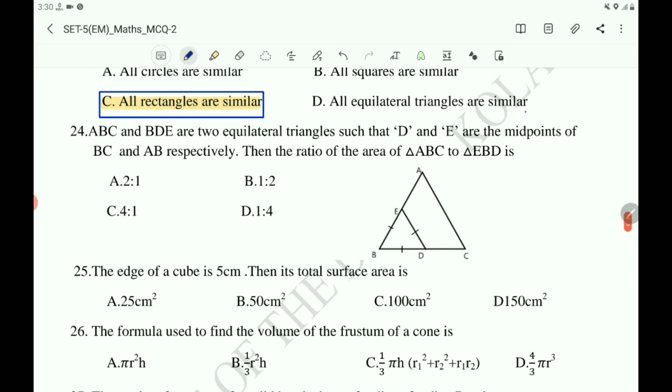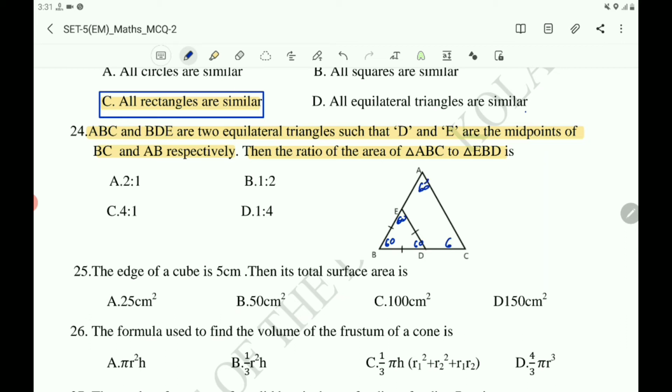Next you take question number 24. ABC and BDE are two equilateral triangles such that D and E are the midpoints of BC and AB respectively. Then the ratio of the area of triangle ABC to triangle EBD is. Here what is given? ABC and BDE are two equilateral triangles, and as they are equilateral triangles, you know that all angles are 60 degrees.